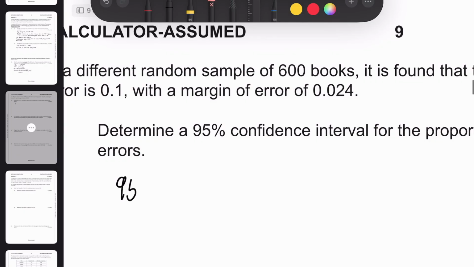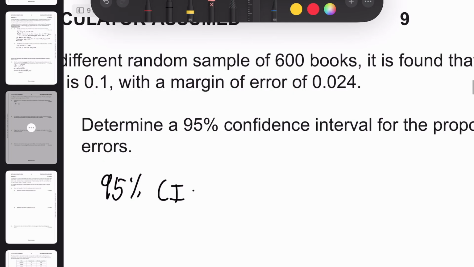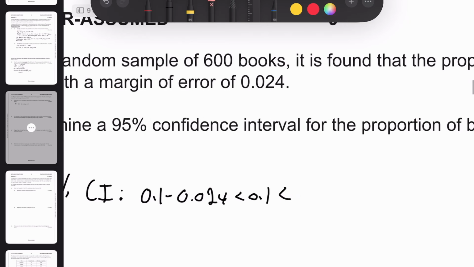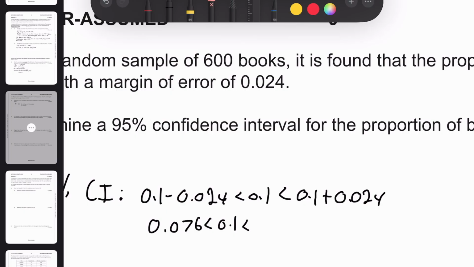Okay, so maybe wonder what I did during the exam. But yeah, it's just going to be 0.1 minus 0.025 less than 0.1 is less than 0.1 plus 0.025. So then this is 0.076 less than 0.1 less than 0.124.